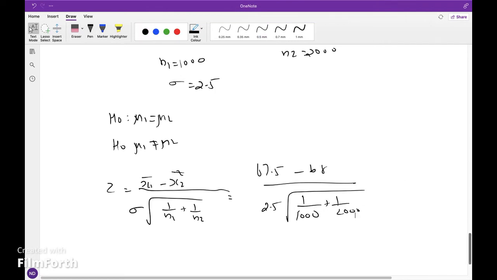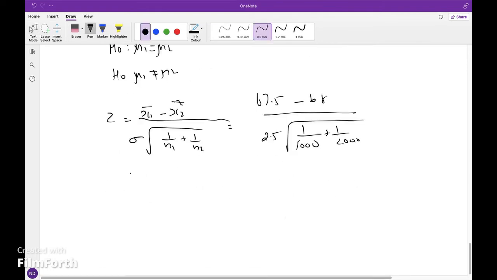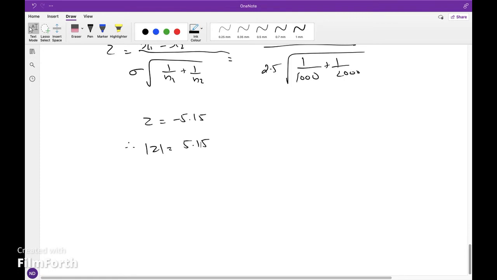Use calculator: the value of z is minus 5.15. So modulus of z is 5.15. The table value of z at 1% level of significance is 2.58.